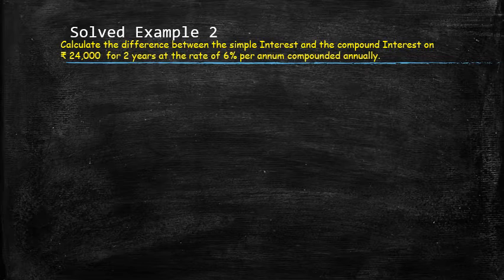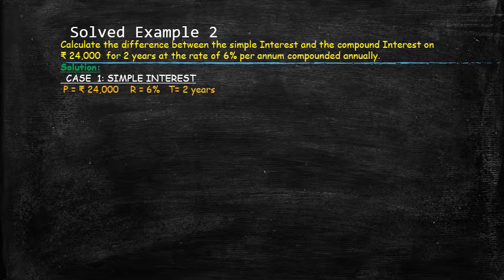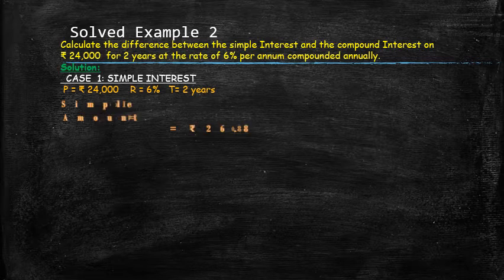As you see in this question, we have to find both simple interest and compound interest. We take it as separate two cases and try to find the solution. Case 1, simple interest. The principal amount is rupees 24,000, rate is 6% and the time period is 2 years.